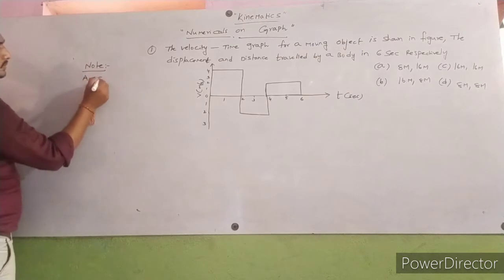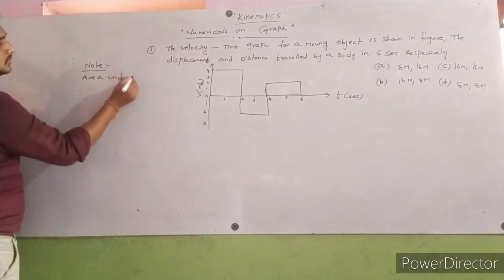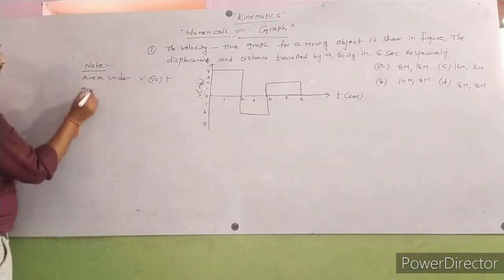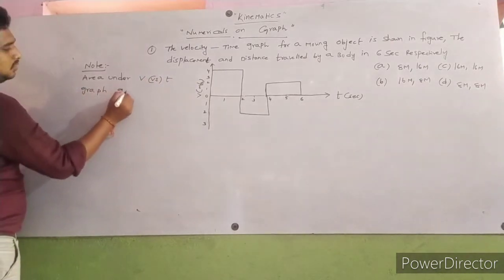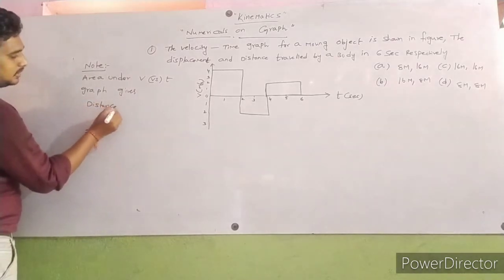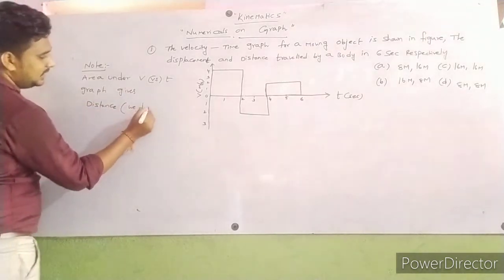Area under velocity versus time graph gives distance; we don't consider direction.